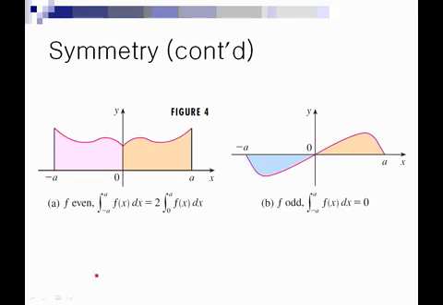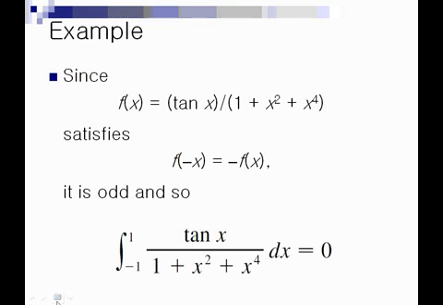So here's a nice illustration of that. Even and odd. One gives you twice what you could get going from 0 to a. The other one gives you nothing. What do you prefer? So we could go ahead and note right here, for this peculiar function, it almost looks even. But no, only the denominator is even.